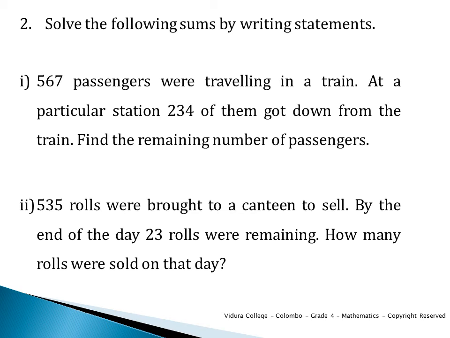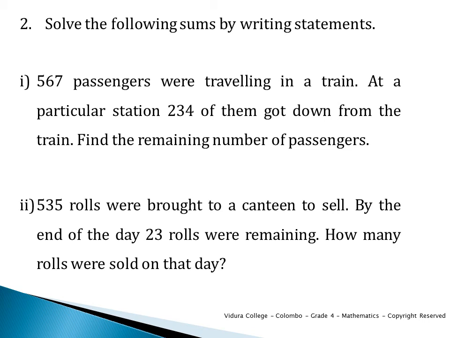Question number 2. Solve the following sums by writing statements. Part 1. 567 passengers were traveling in a train. At a particular station, 234 of them got down from the train.